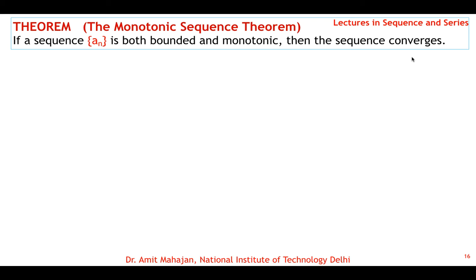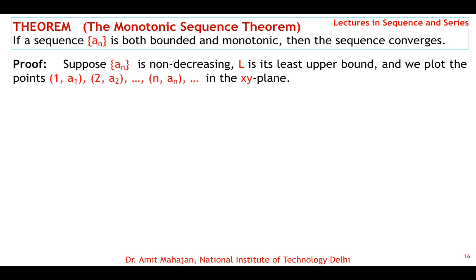Previously we said that every convergent sequence is bounded, but there are sequences which are bounded but not convergent, so the converse was not true. But if we add the condition that a sequence is both bounded and monotonic, then it is definitely convergent. We'll prove this result.